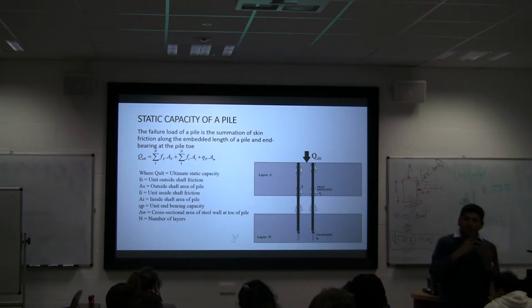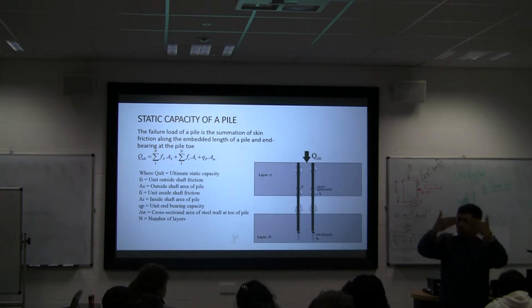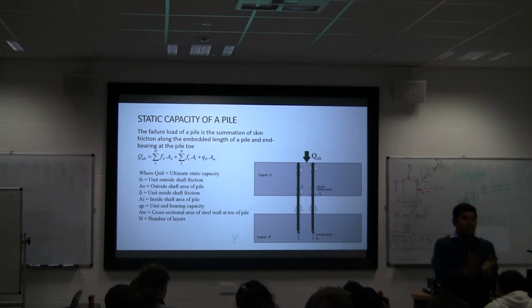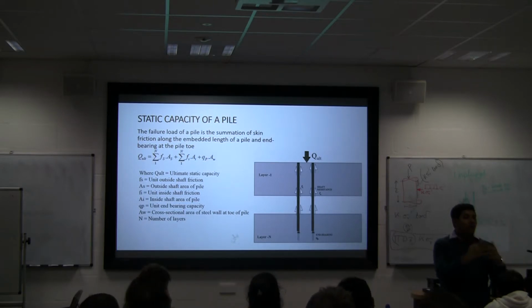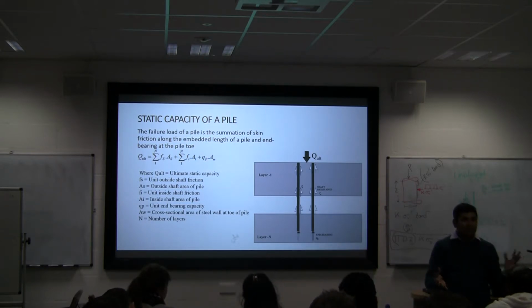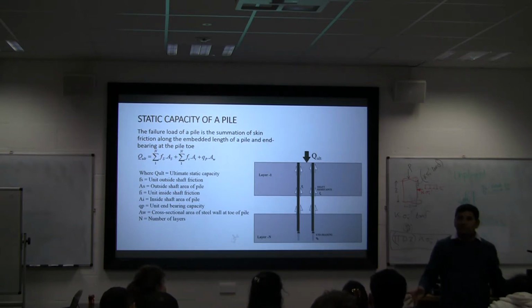Otherwise, you will always try to remember, I must do this, I must do that, and then you might miss one. But if you see what we are doing, we're trying to find out at what load you lose the pile. How can a pile get lost? When you fully mobilize the shaft and end bearing, you lose the pile.